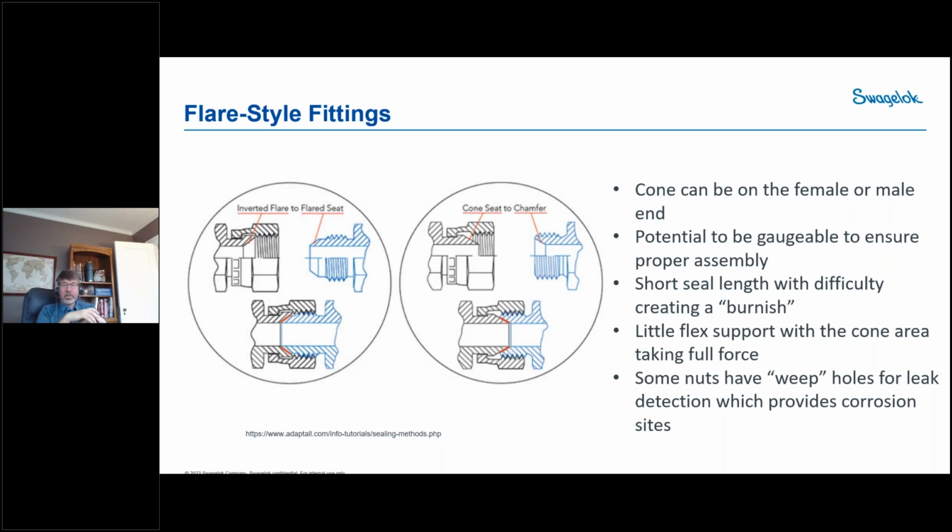The downfall of this one, though, is that it's a very small sealing area. And as those sealing surfaces come together, they're not well supported. Any kind of vibration on those metal surfaces is going to crack the sealing area and create leakage, and eventually will just wear the fitting out. It does not last long in vibration.